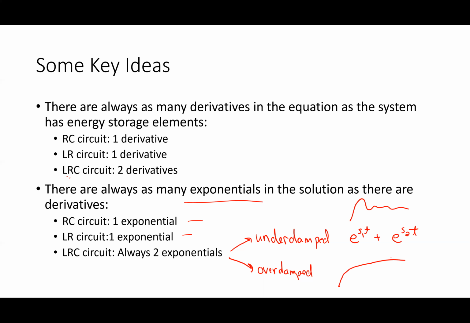In the overdamped case, it might look like that. It still looks like an exponential. Underdamped, it's still exponentials. It's just that those exponentials are complex exponentials, and those complex exponentials mean that I get sine waves.